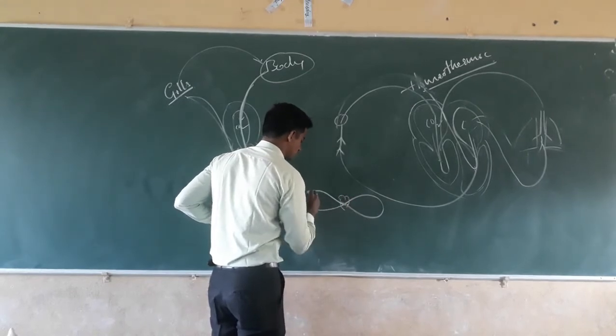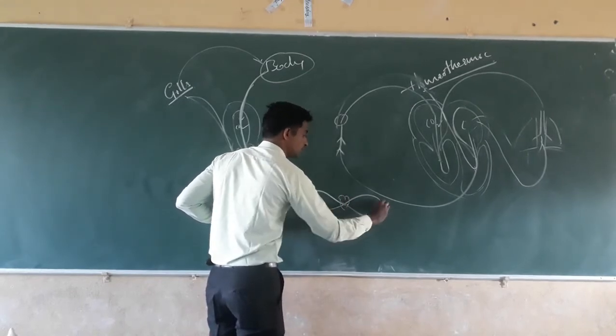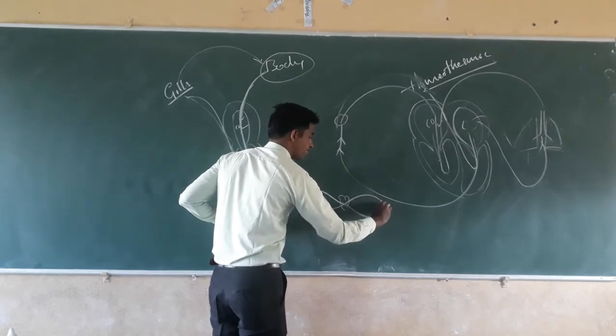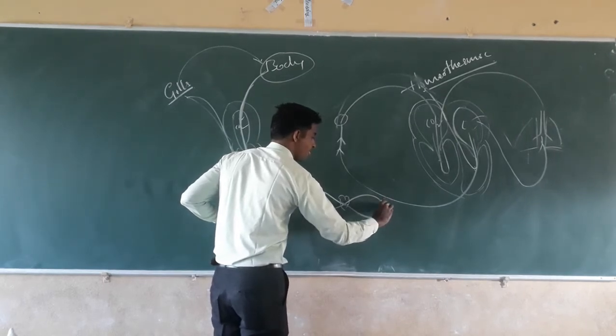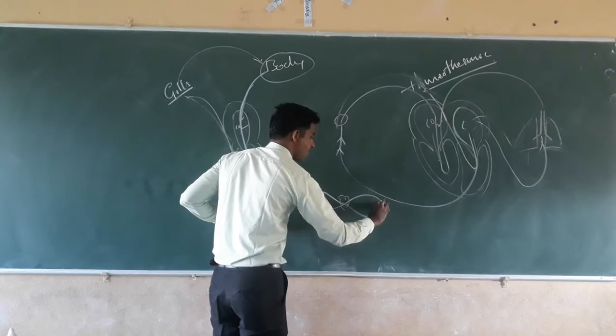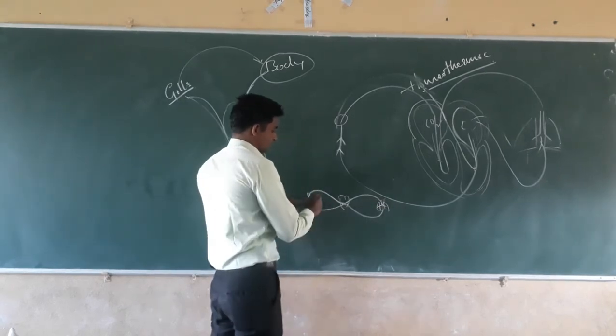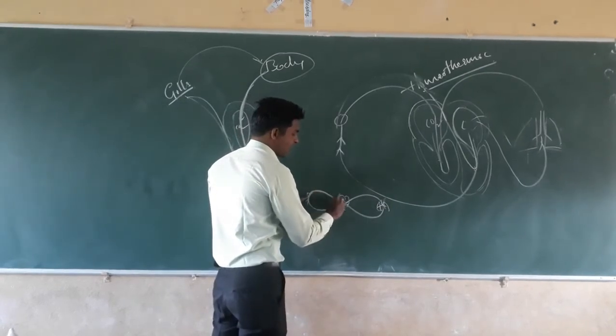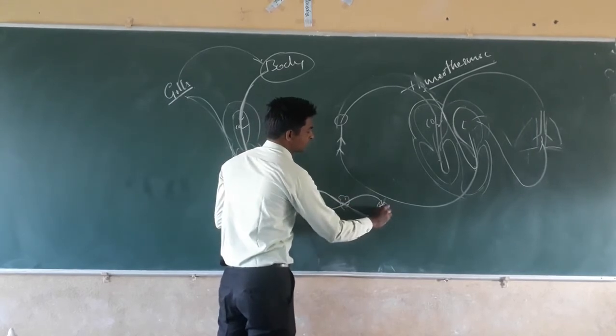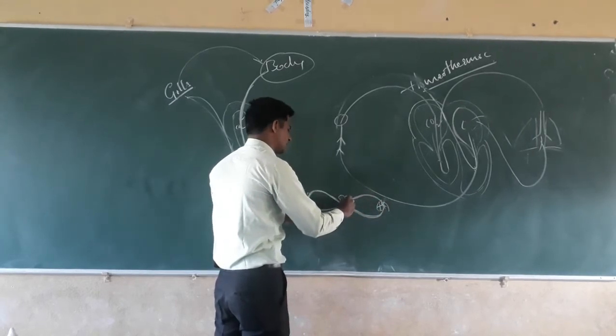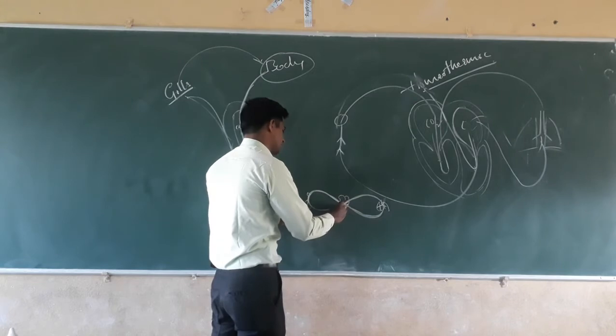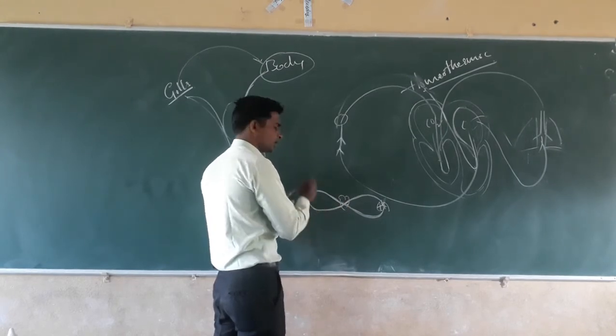Here the heart, here the body, here the lungs. Body to the heart, heart to the lungs, again to the heart after purification, then from the heart to the body.